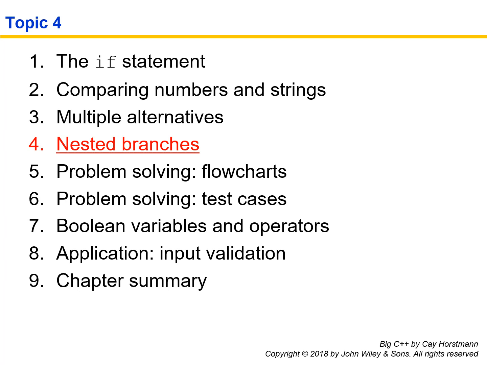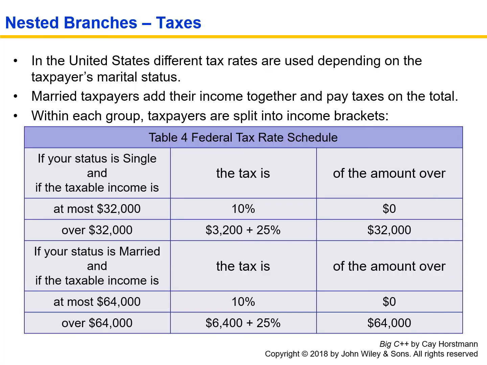Okay. Last but not least, there is the idea of nested branches. In the United States, for example, different tax rates are used depending on marital status and income. Married taxpayers add their income together and pay taxes on the total.